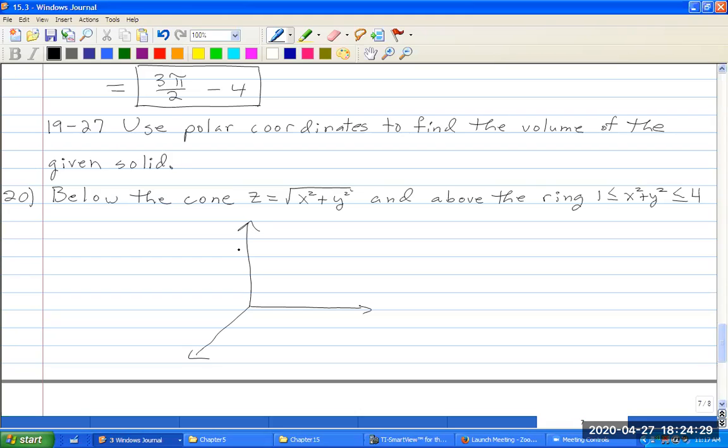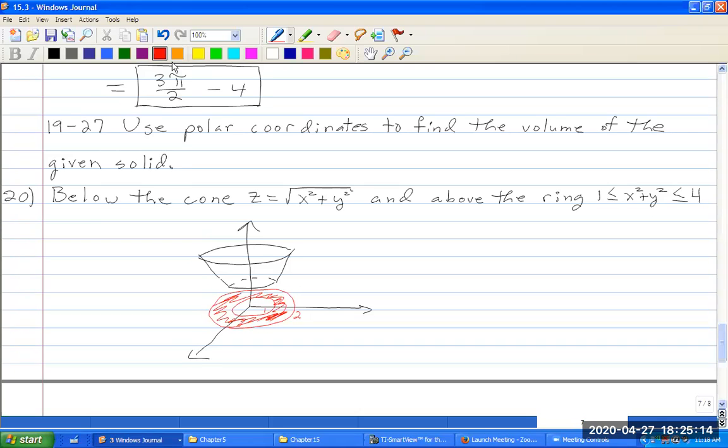Okay, so let's see. This is going to be a 2, and that's going to be a 1.